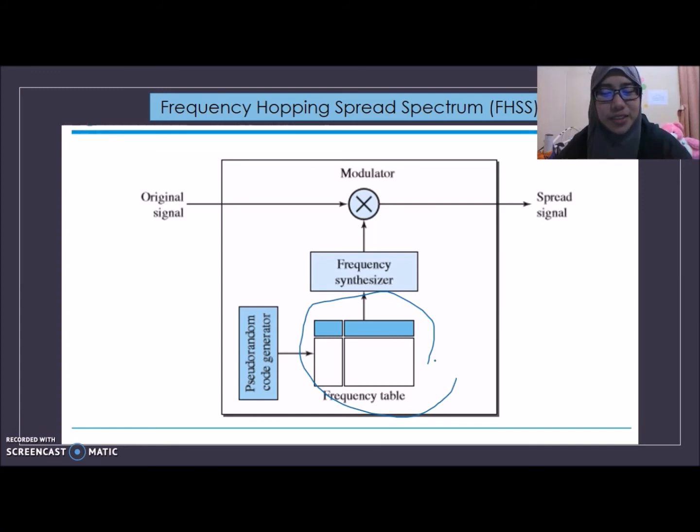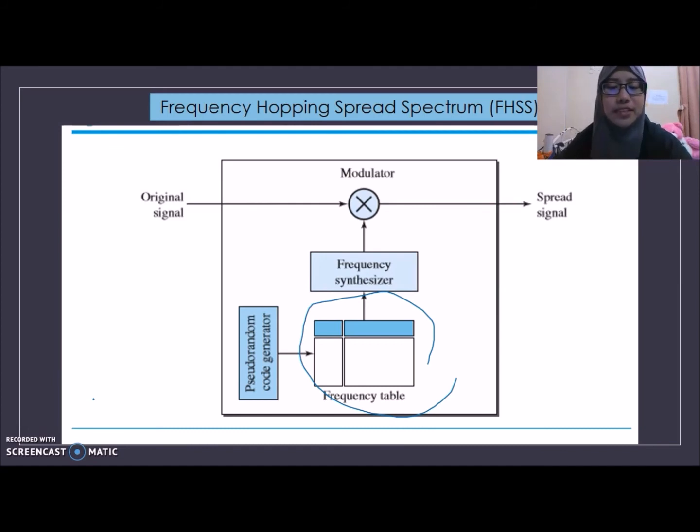Oh, it's a bit of a tongue twister. And now the frequency synthesizer creates a carrier signal of a frequency, and the source signal modulates the carrier signal.